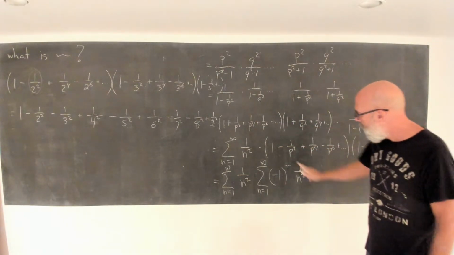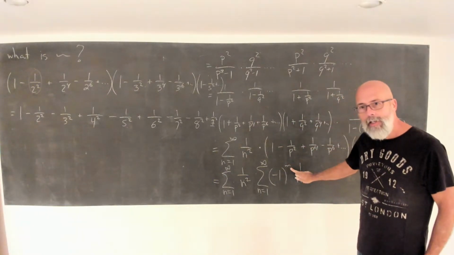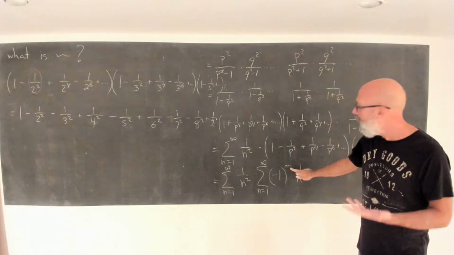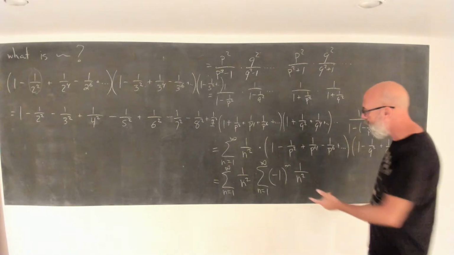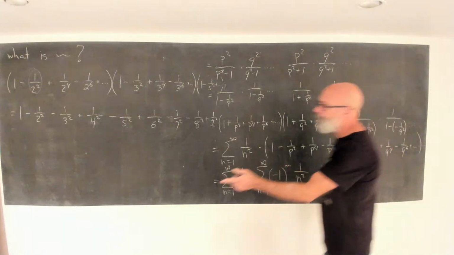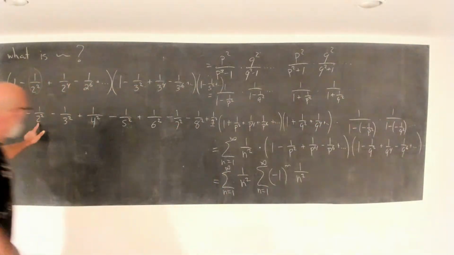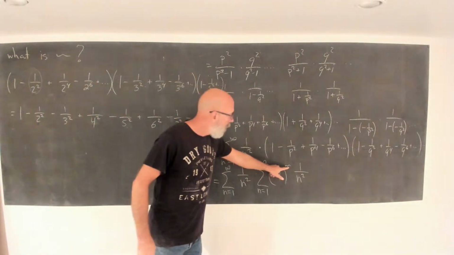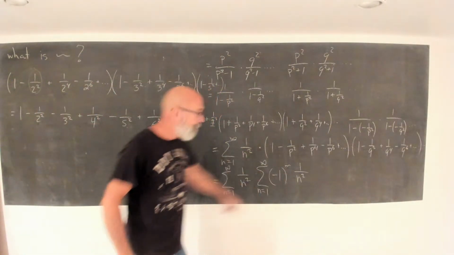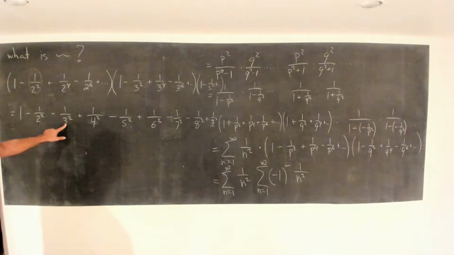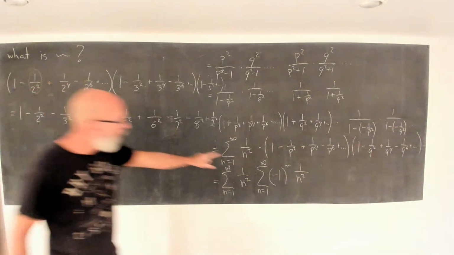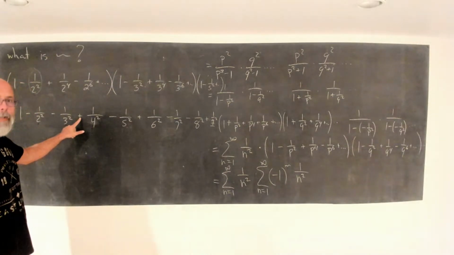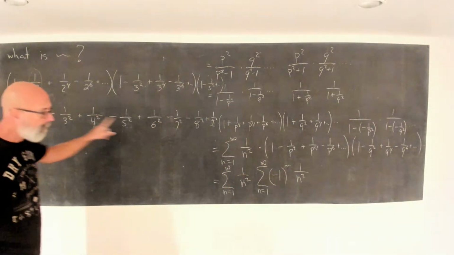So the question is, what is this thing? How do I make sure that corresponding to 2, this should be an odd number. Corresponding to 3, it should also be an odd number. But corresponding to 4, it should be an even number, right?